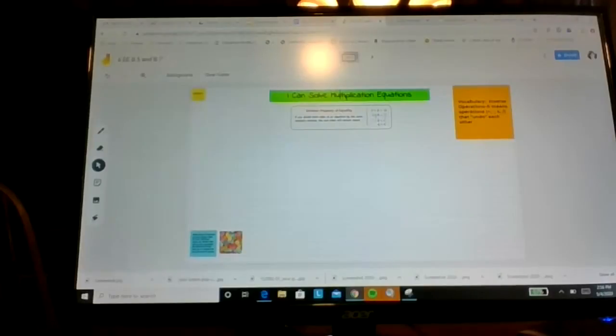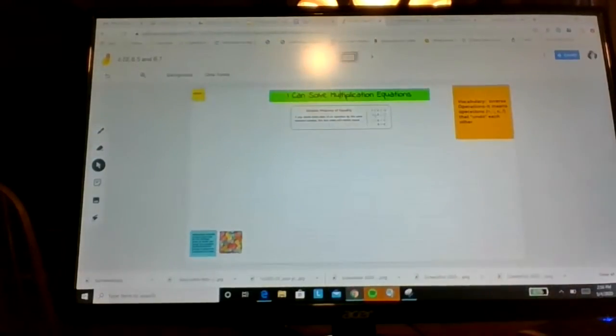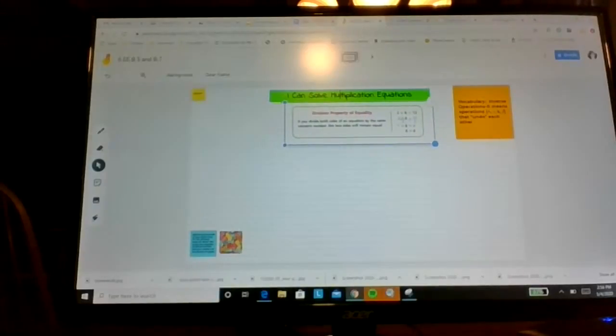So today from our textbook, I want to focus on one of the properties that we need to know when we're multiplying equations. The division property of equality says this: if you divide both sides of an equation by the same non-zero number, the two sides will remain equal. So here I have 2 times 6 is equal to 12.